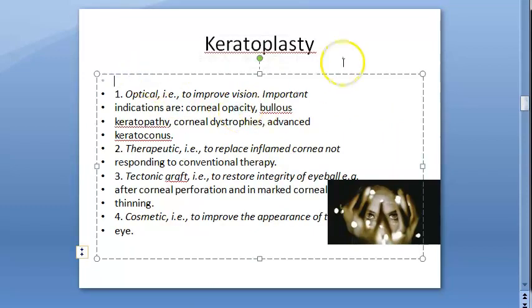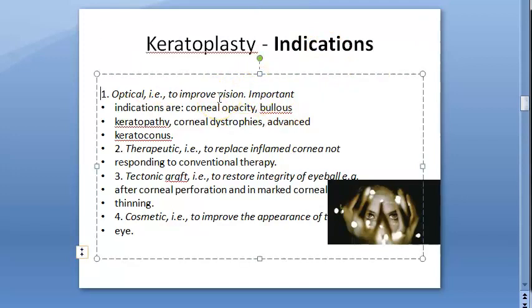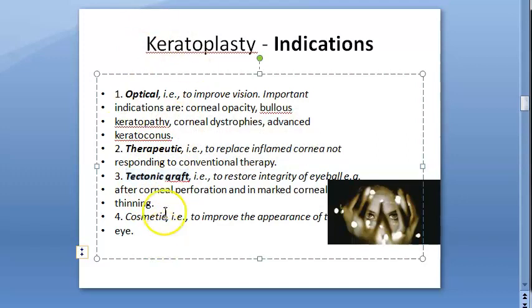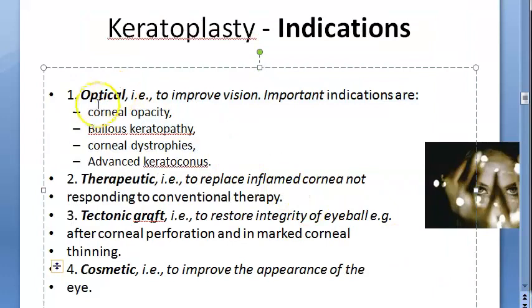The main thing you should know is the indications for keratoplasty. For exam purpose, indications of keratoplasty. Let us look at this. What are the headings they have it under? Optical indications are there. Therapeutic indications, which we already saw, then tectonic graft, then cosmetic indications. Look at the optical ones. Basically, you want to improve the vision of the person, right? The important indications are corneal opacity, bullous keratopathy, corneal dystrophies, advanced keratoconus.